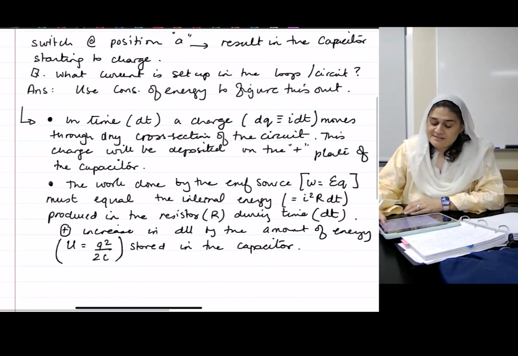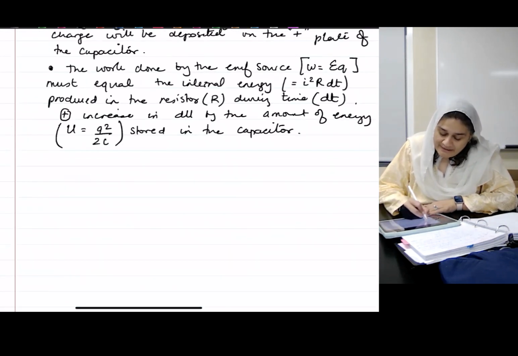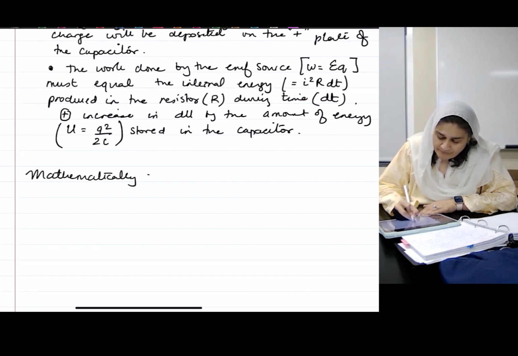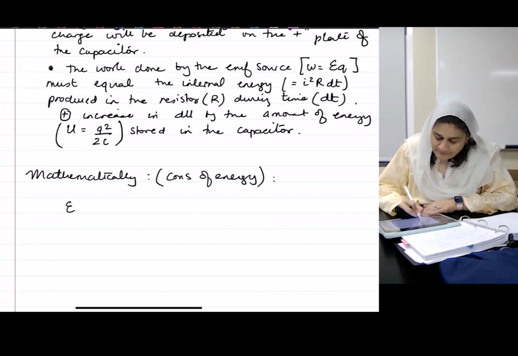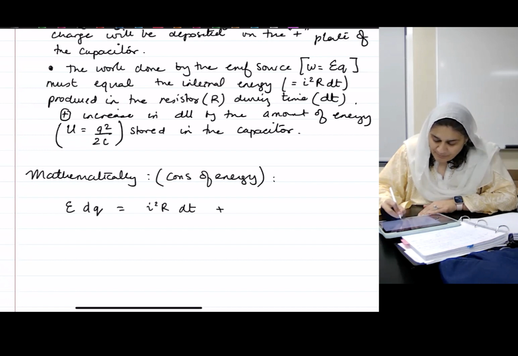Where all of this now mathematically can be written, using conservation of energy, as E dq equals I squared R dt plus d of q squared over 2c.